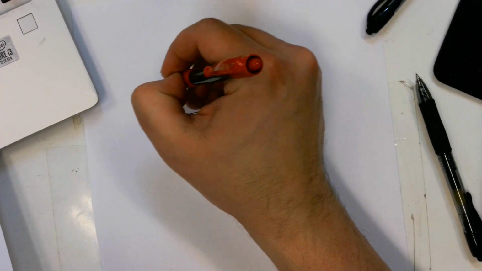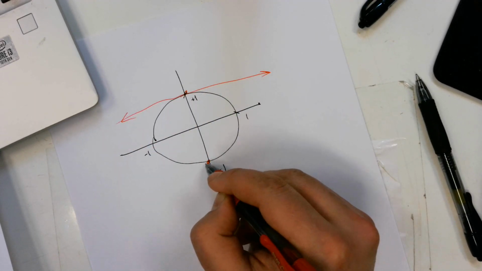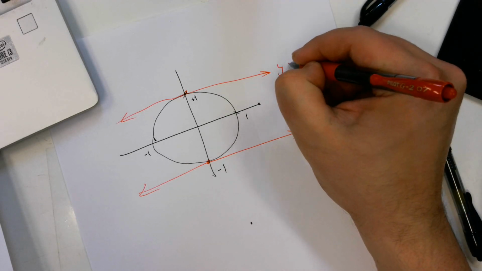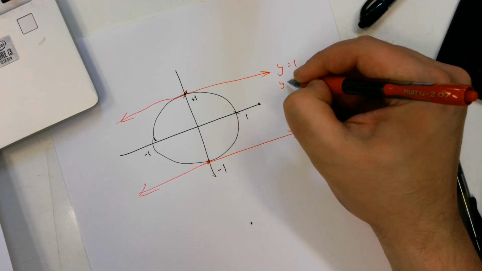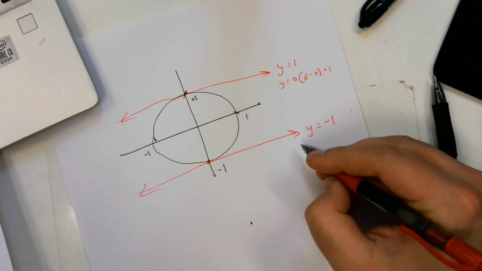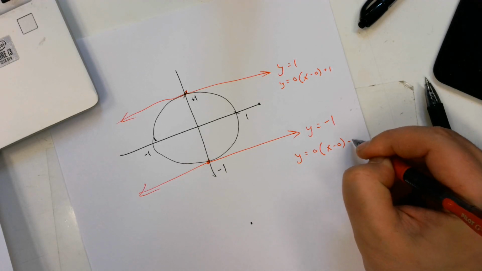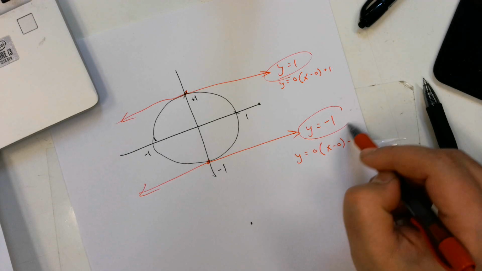Y equals 1. These are my horizontal lines. This is y equals 1 and y equals negative 1. If you really want to, you can call this y equals 0, x minus 0 plus 1. Or y equals 0, x minus 0 minus 1. They're the same. This one's just a simplified version.